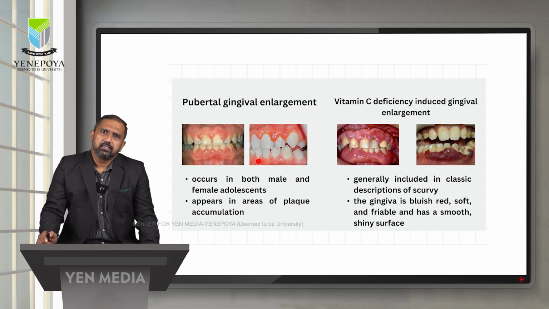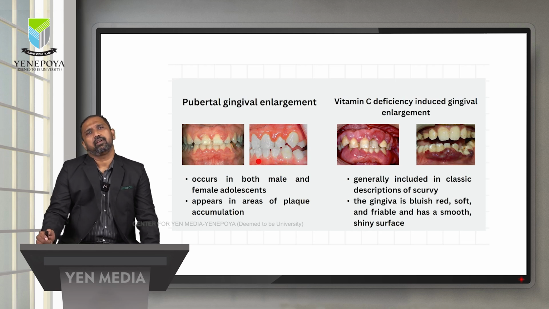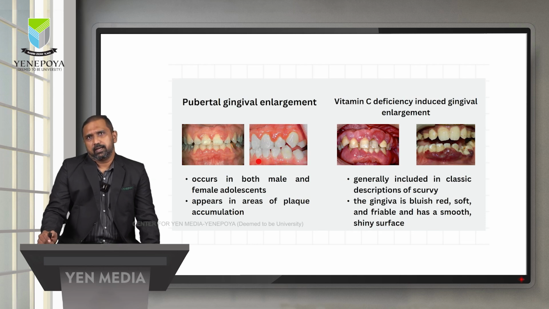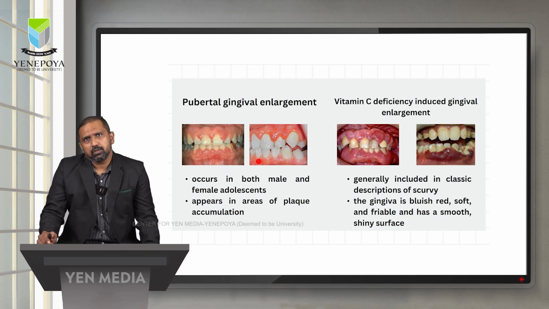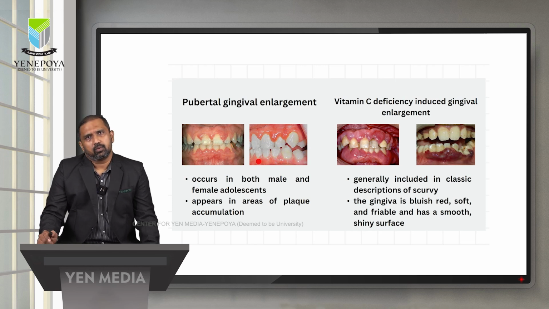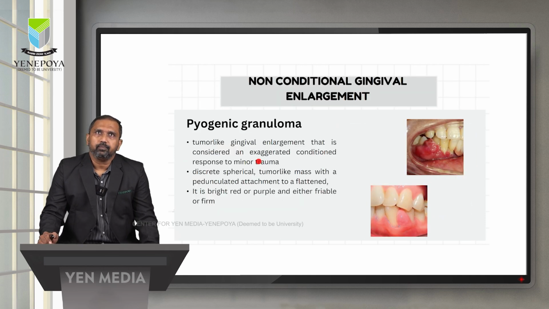Usually all these generalized conditions are associated with poor oral hygiene. As a result, an inflammatory component also is added to the enlargement, and treatment involves definitely correcting the vitamin C deficiency, plus maintaining oral hygiene. Automatically this condition can be reversed.